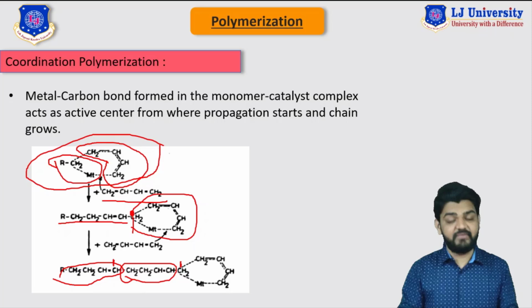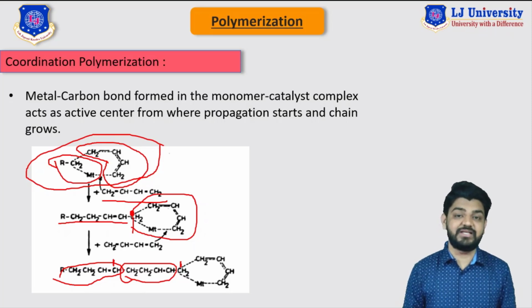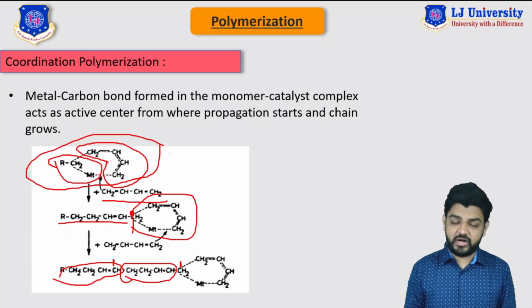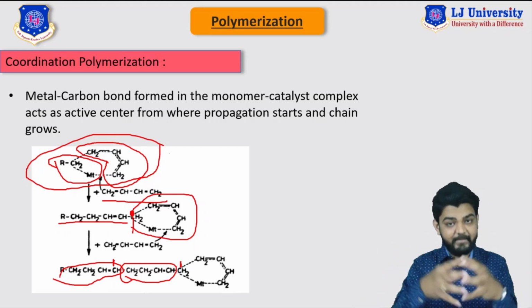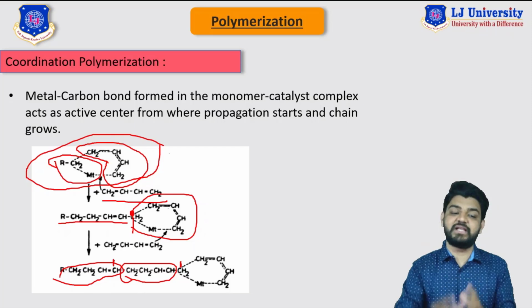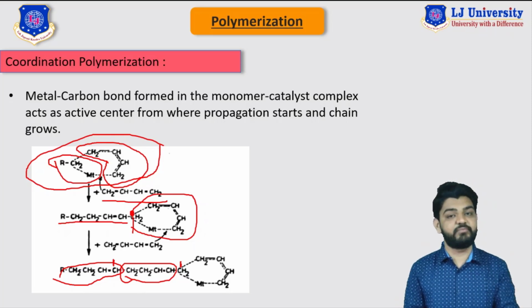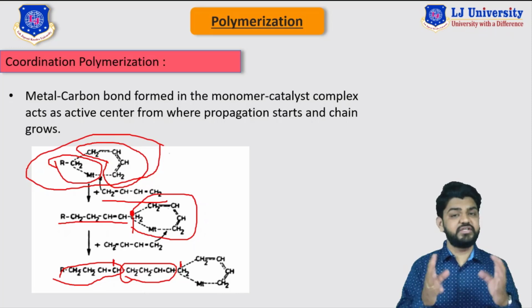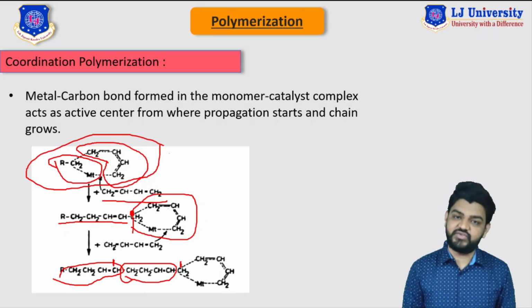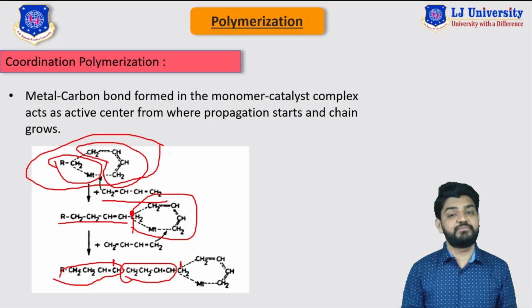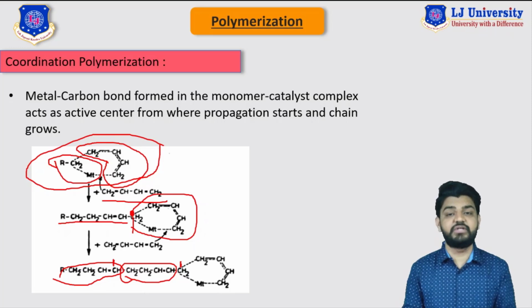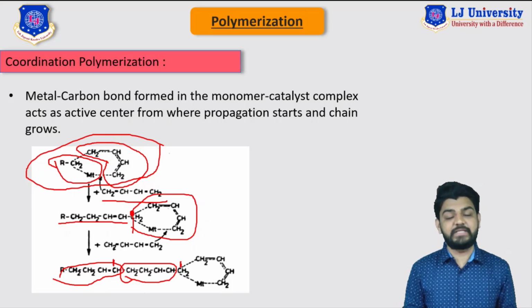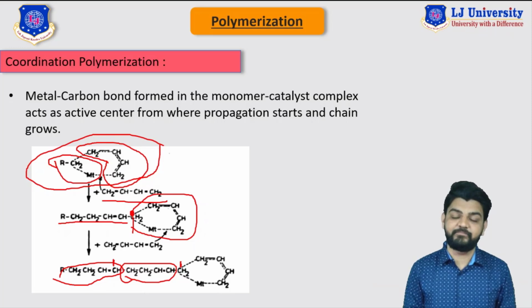This catalyst that we are using in coordination polymerization is the heart of this polymerization, which is a complex mixture of one organometallic compound and monomer. So both combine together to form one special catalyst. This catalyst acts as the initiator as well, and it initiates the polymerization process and shifts its active center to the last carbon, so that we can have a long chain of the polymer.